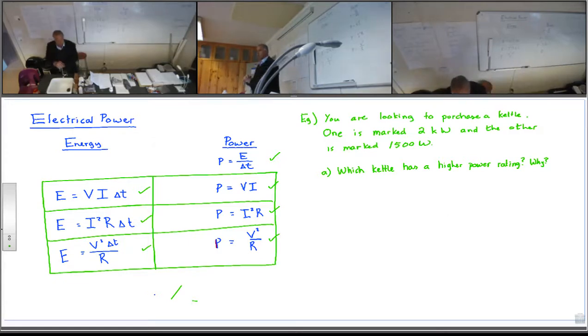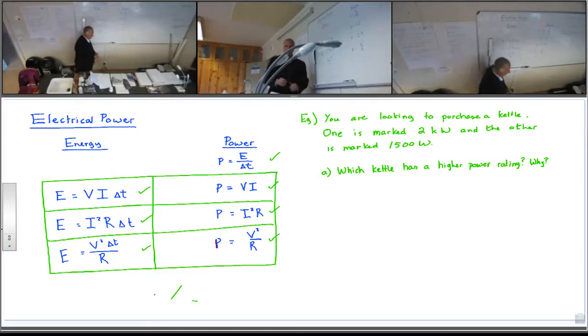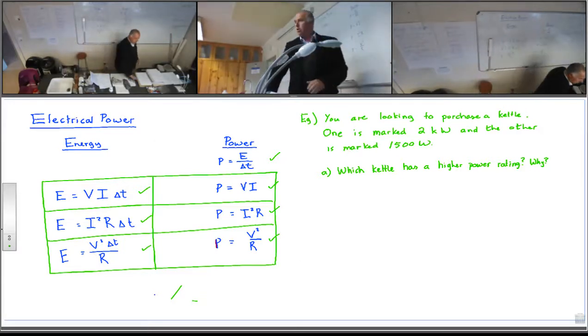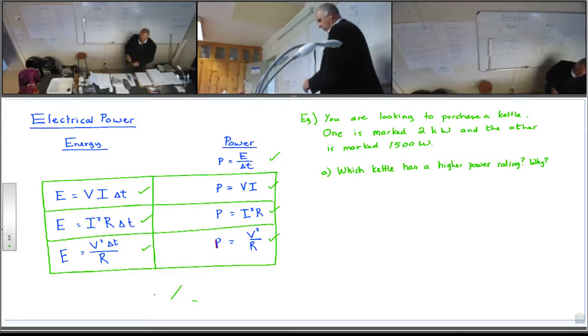Can anyone tell me which one has a higher power rating? Timon? You saying the kettle with 2 kilowatts.